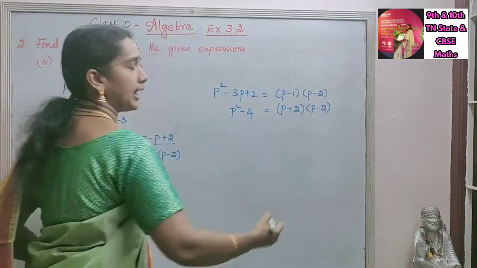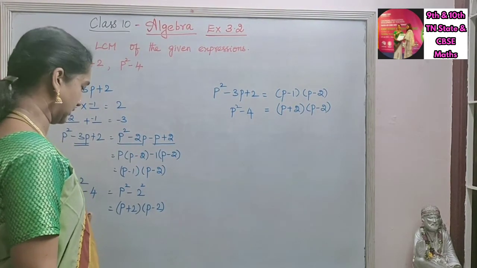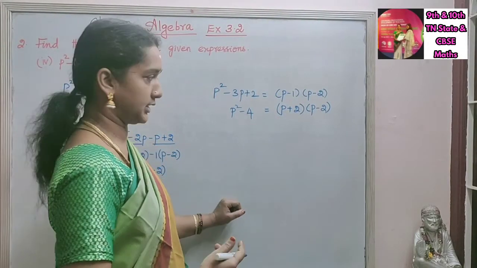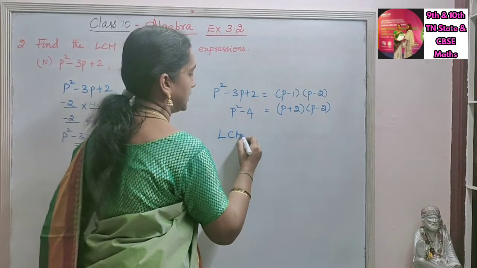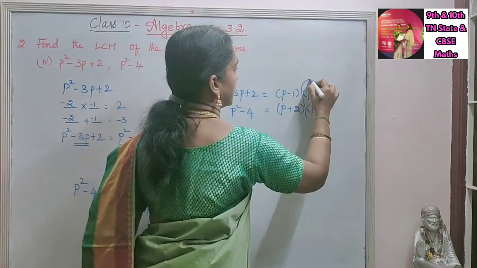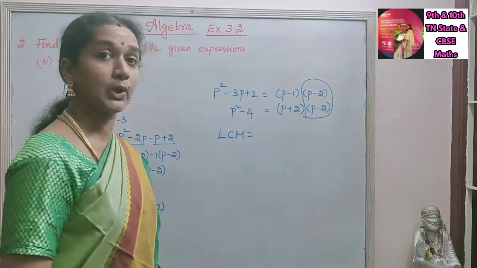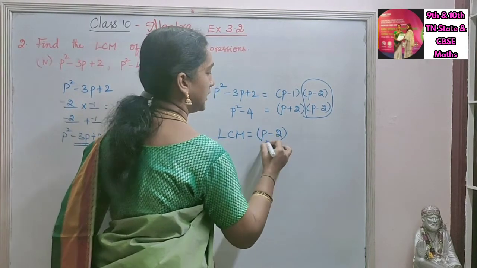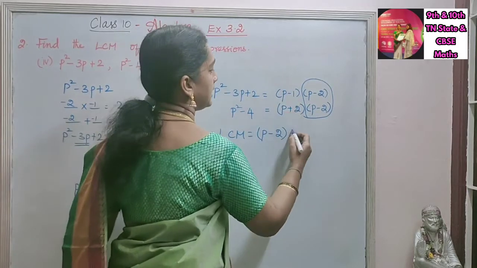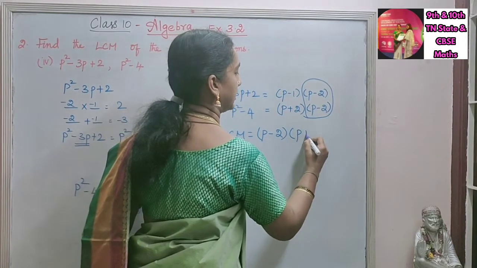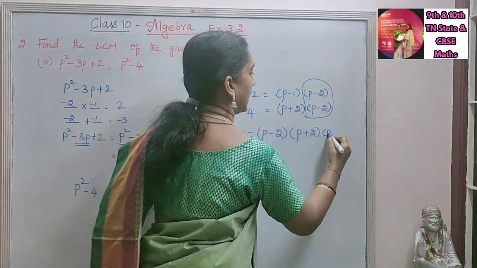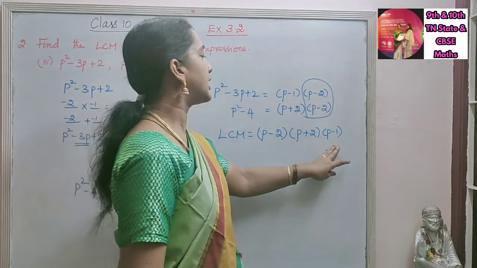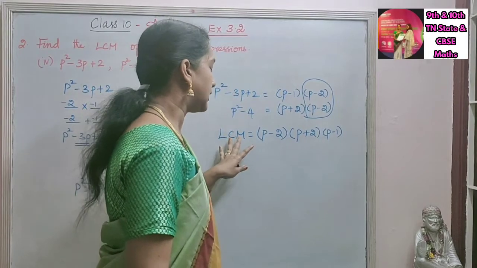Since we are asked to find the least common multiple, the common factor of the two expressions is p minus 2. Then the remaining factors we also write, that is p plus 2 and p minus 1. So these are the three factors of the LCM.